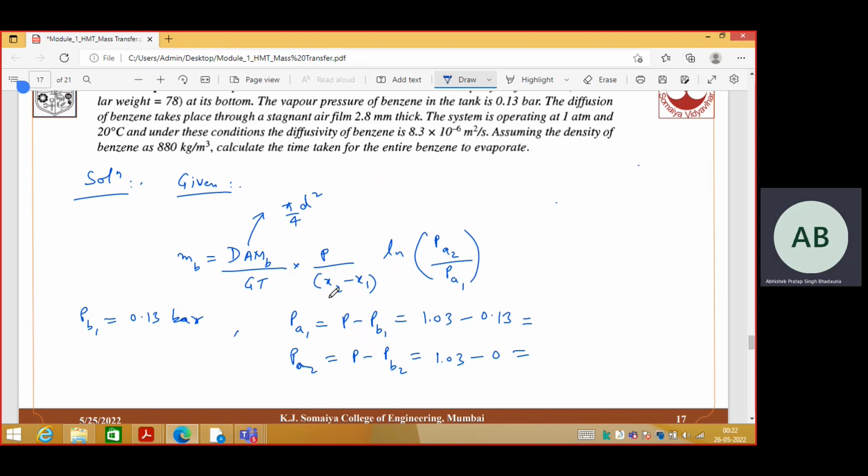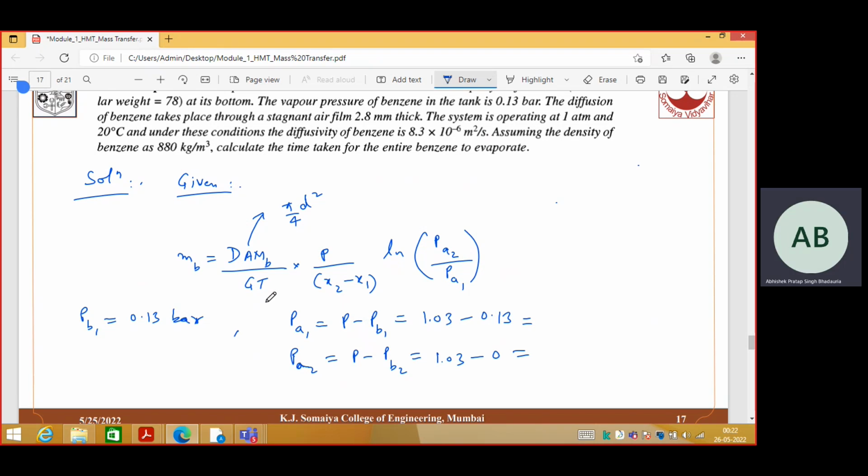This P value we have already calculated. We know x2 minus x1. We know A, we can calculate pi by 4 D square. This D is known to us. G is 8314. Temperature is 20, converted to Kelvin, so 20 plus 273.